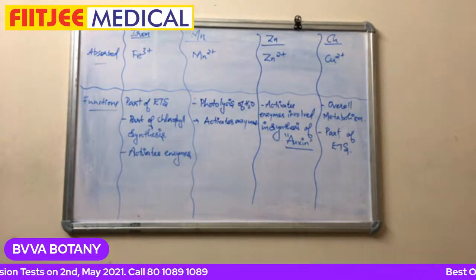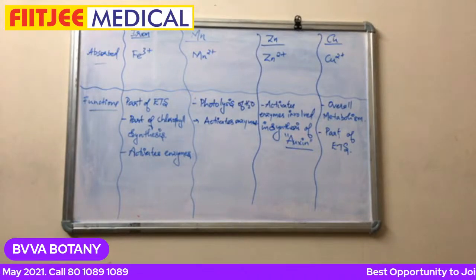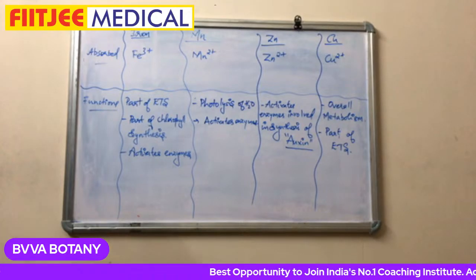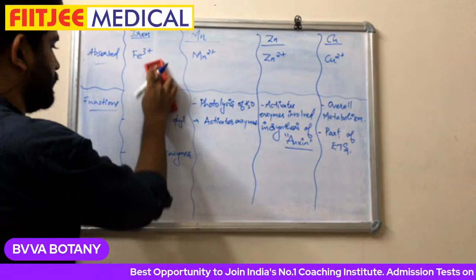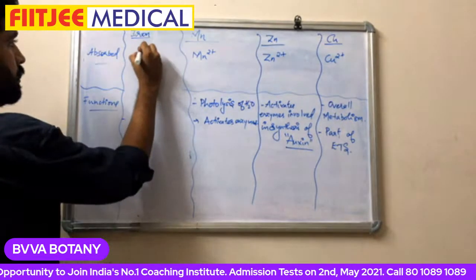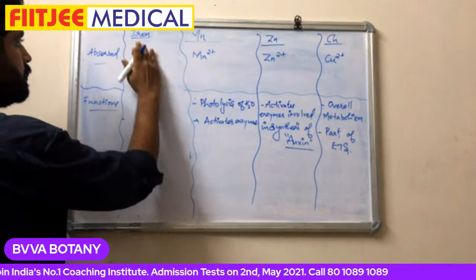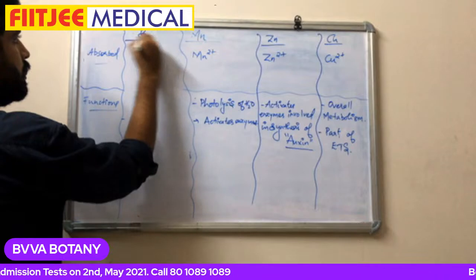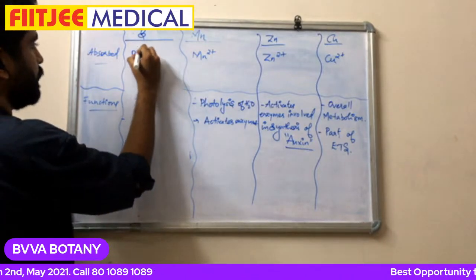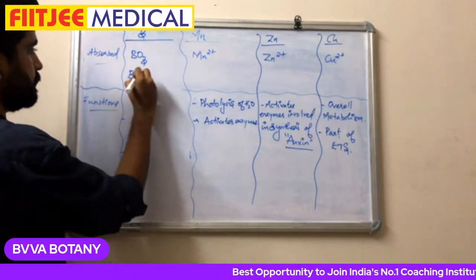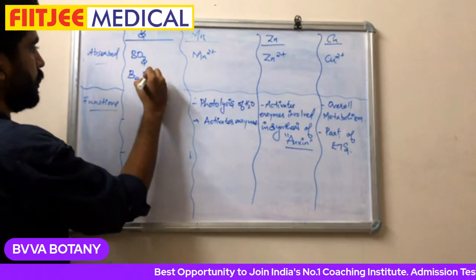Okay. Next one is boron. Boron is absorbed in the form of BO3 or B4O7 2-.